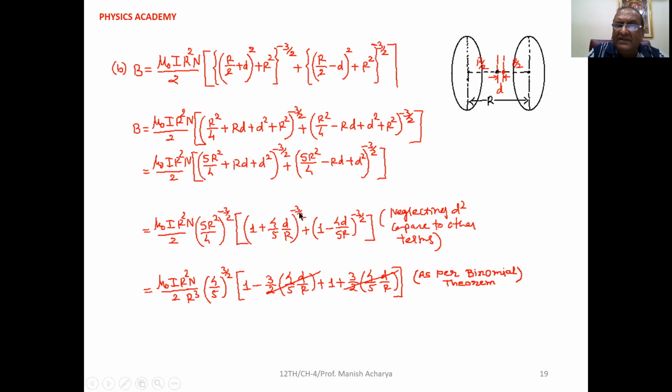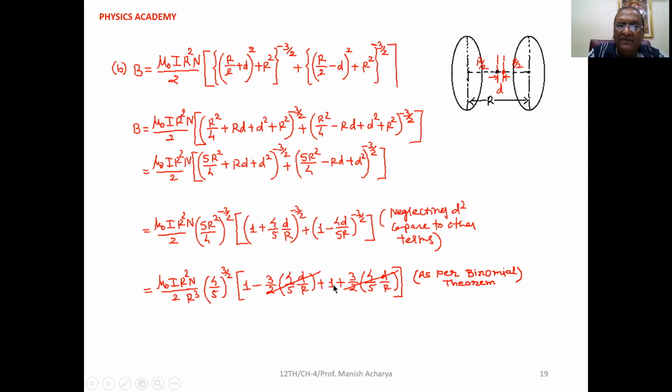In the binomial theorem, the power is multiplied with the second term. So, 1 minus 3/2 into 4d upon 5r plus 1 plus 3/2 into 4d upon 5r. So see here, minus 3/2 into 4d upon 5r and plus 3/2 into 4d upon 5r will cancel.